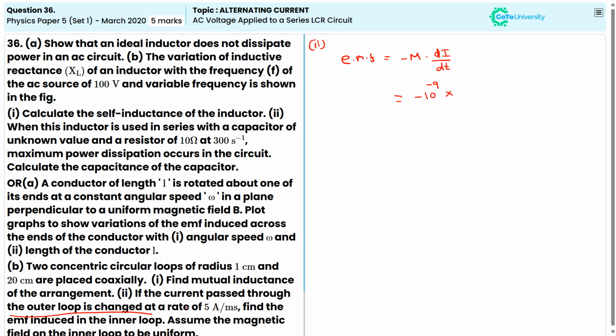It is given that the current passed through the outer loop is changed at the rate of this value, so we write 5 divided by 10 power minus 3. So the EMF induced equals minus 5 into 10 power minus 6. So this is the EMF induced.